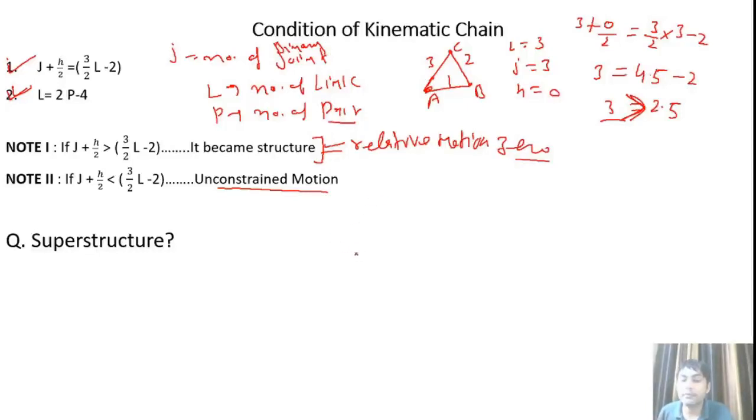Example, suppose this type of arrangement of links.